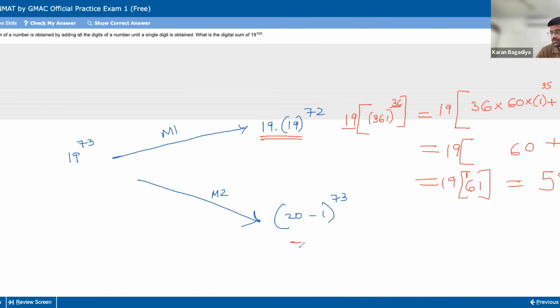Let's do this now. 20 minus 1 raised to 73. So again, in the last two terms that we have, it is 73, right? 73 into 20 into minus 1 raised to 72 plus simply minus 1 raised to 73, right? Now this becomes plus, right?